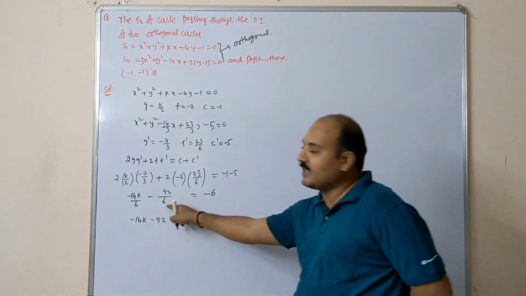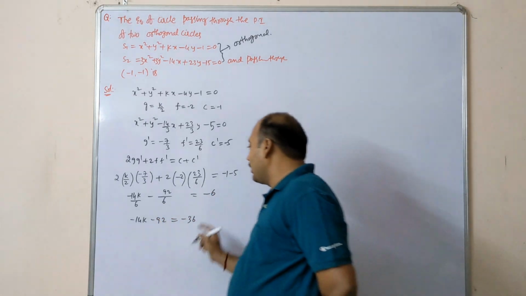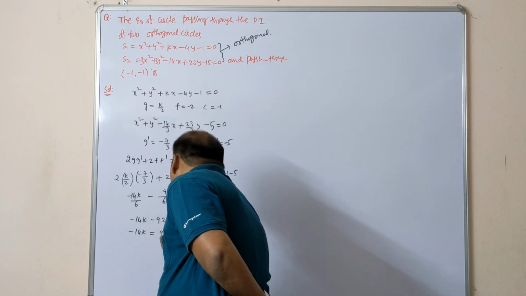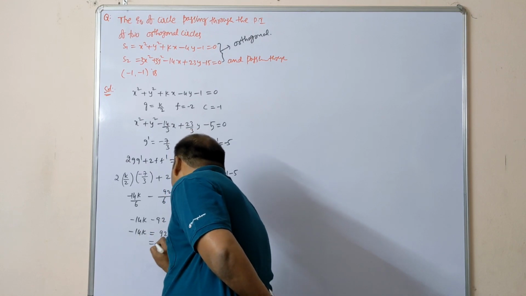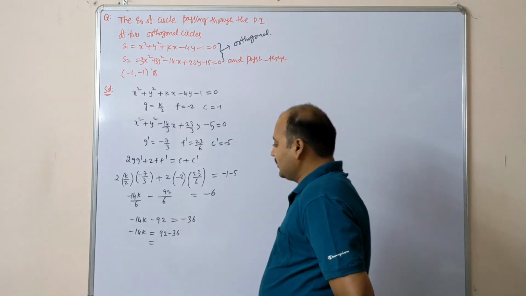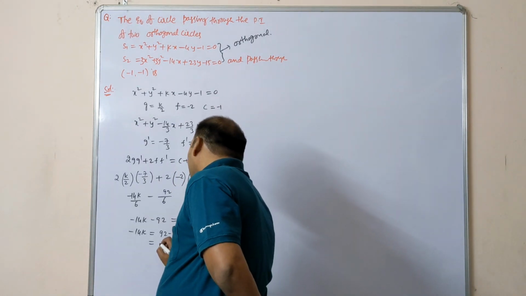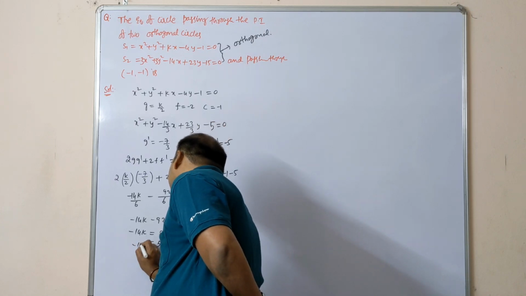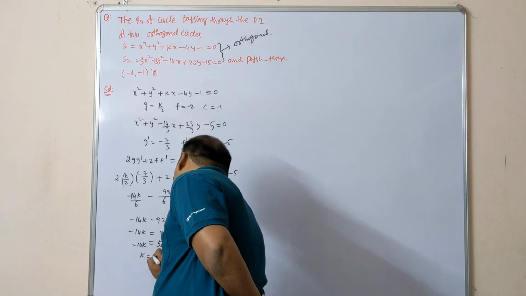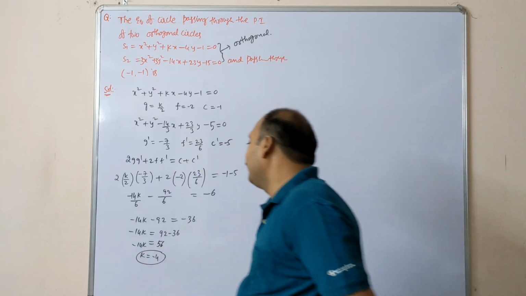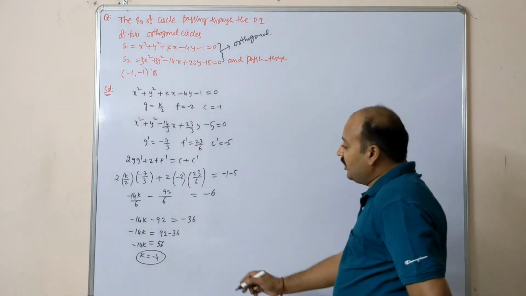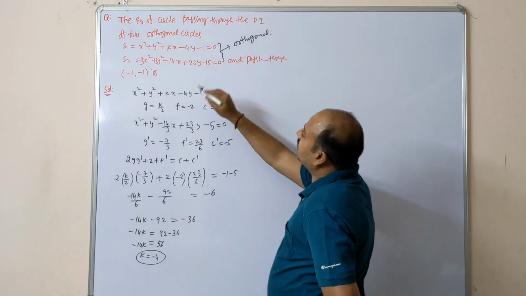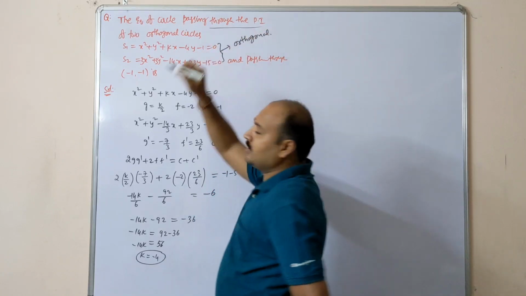Here 6 take LCM, 6 sixes are 36, already minus is there. So minus 14k is equal to 92 minus 36. So 92 minus 36, what value will come? 56. Minus 14k equal to 56, so k equal to minus 4. So the k value is minus 4. Whenever k value is minus 4, this equation will become the one passing through the point of intersection.